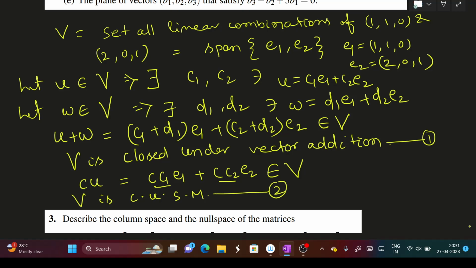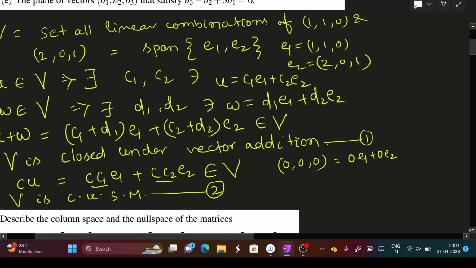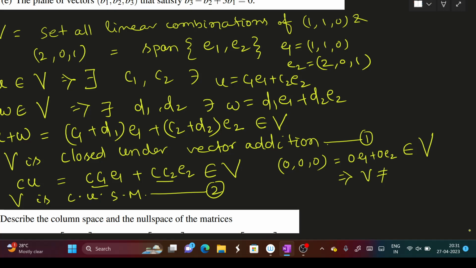What is the third property I should prove, which should have been the first property, but I missed the sequence: the zero vector is an element. The zero vector can be written as 0 into E1 plus 0 into E2. Hence it is a linear combination of E1 and E2, so it also belongs to V. That implies V is not empty.